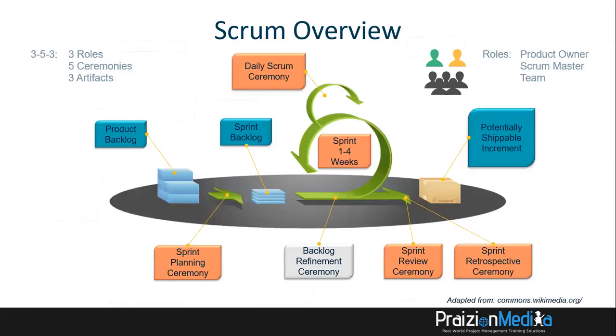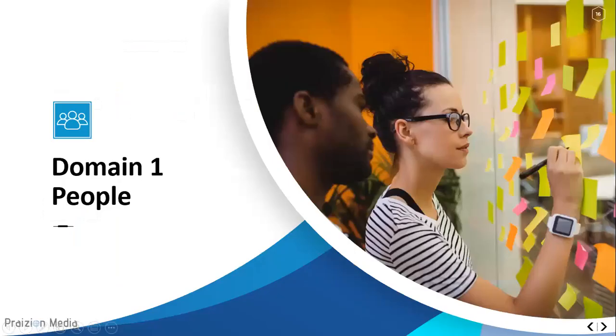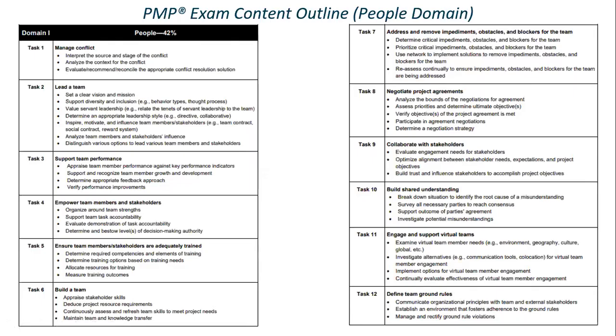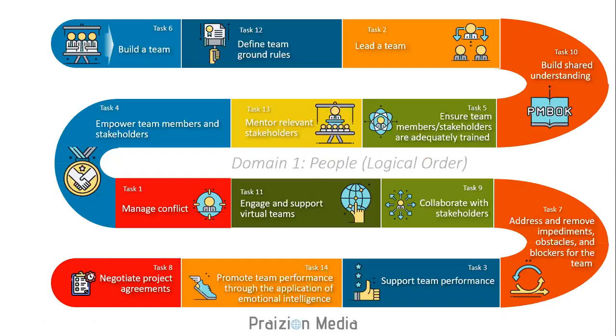We also talked about the Scrum overview. That was the next framework we talked about, the 353 of Scrum. The last framework we talked about was a potpourri of what is in the PMP exam content outline. We took a look at the people domain in logical order. We took a look at the process domain in logical order.